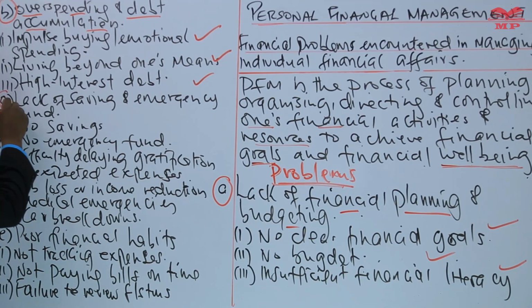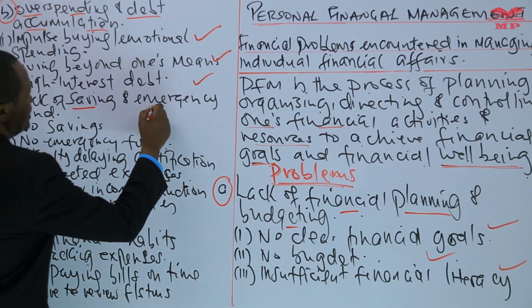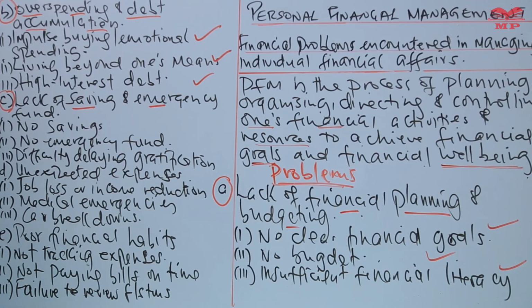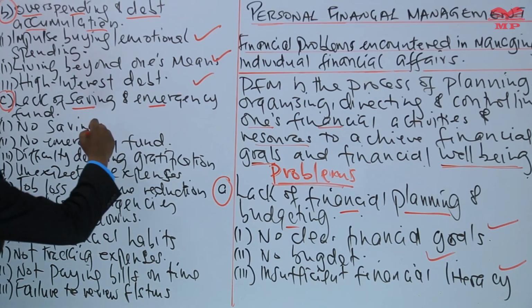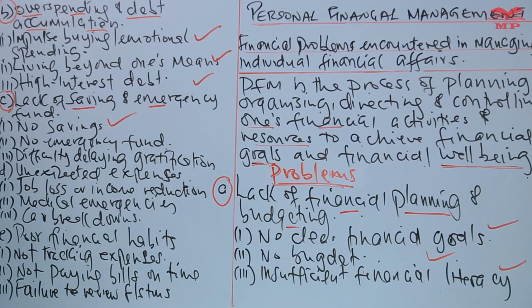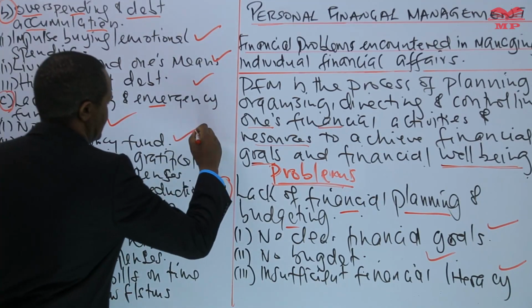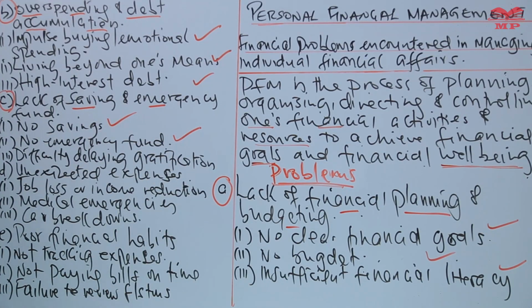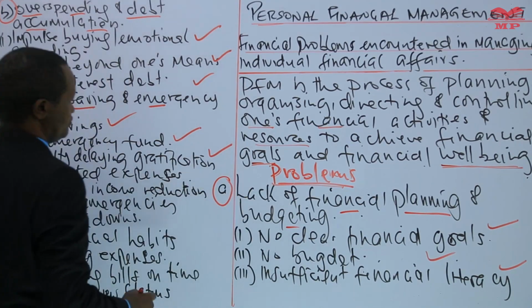The third category is lack of saving and emergency fund. Having no savings, having no emergency fund, having difficulties delaying gratification.